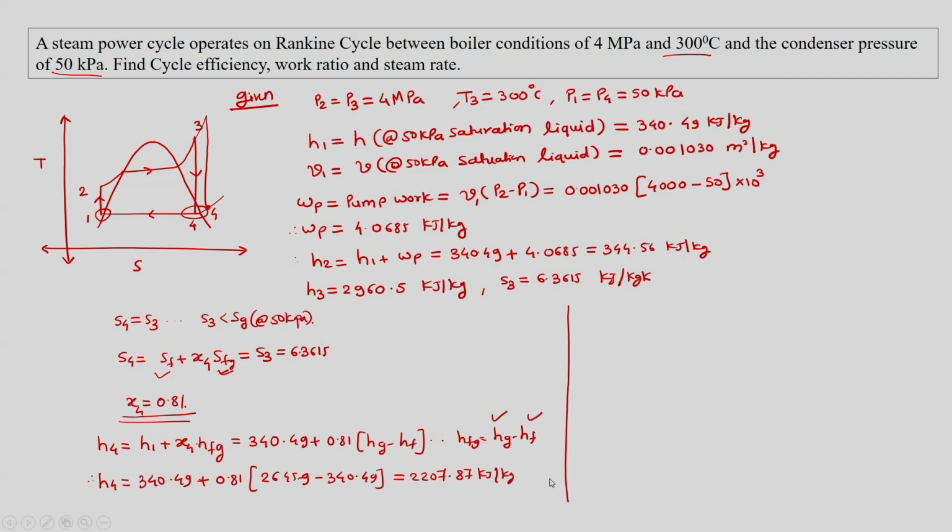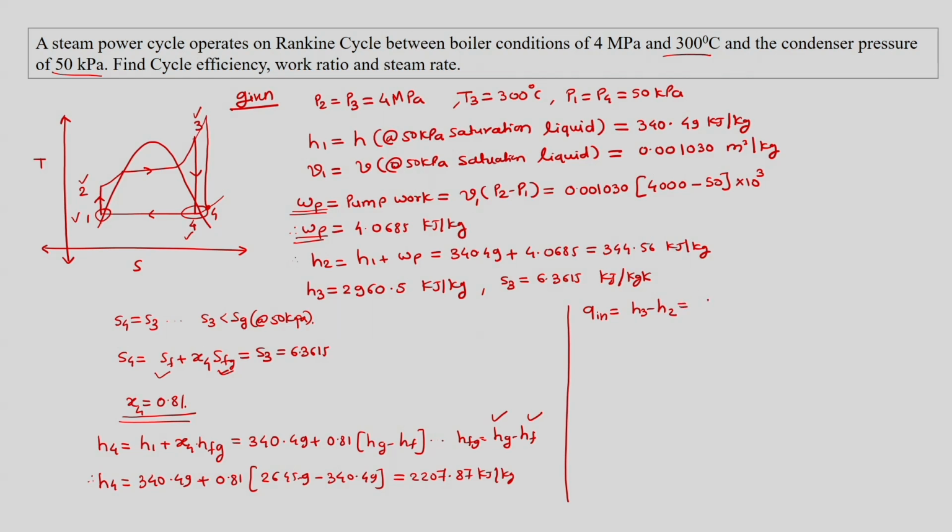Now we know enthalpy at 1, 2, 3 and 4. We also found out the pump work. So now we can proceed and find out other work and heat interactions. First, Q in, which is the heat added, is H3 minus H2.